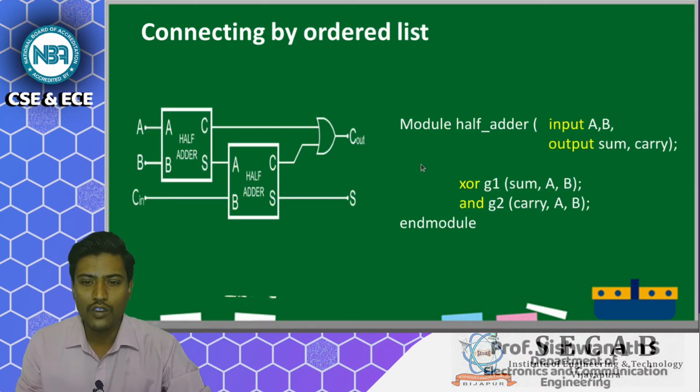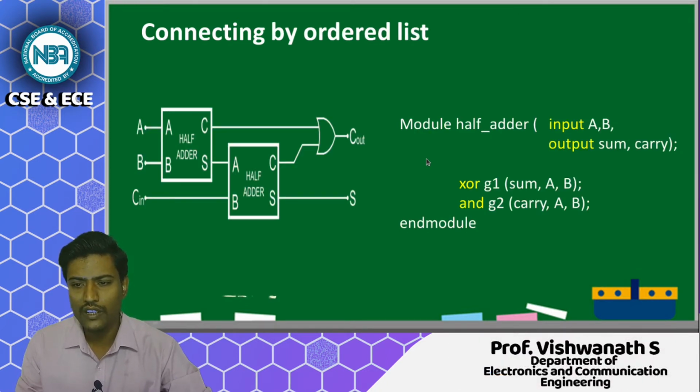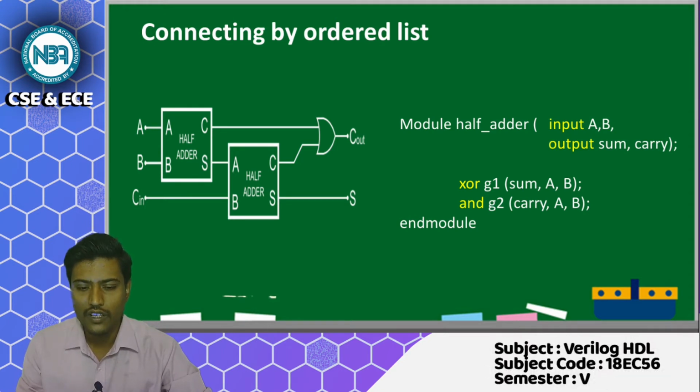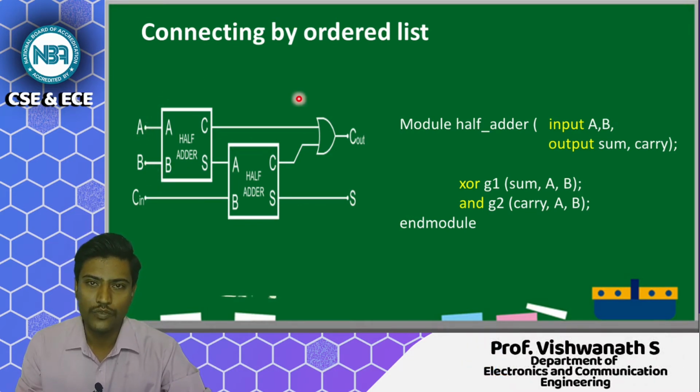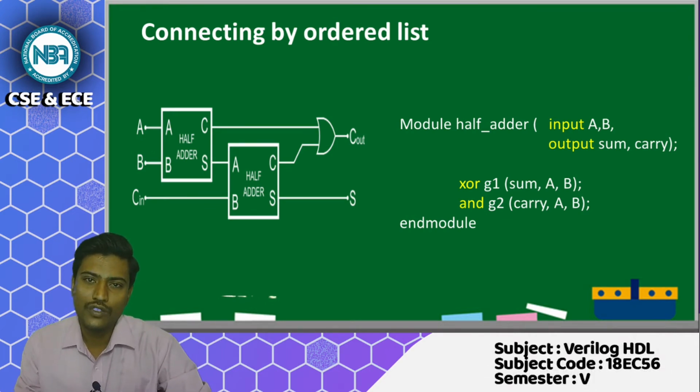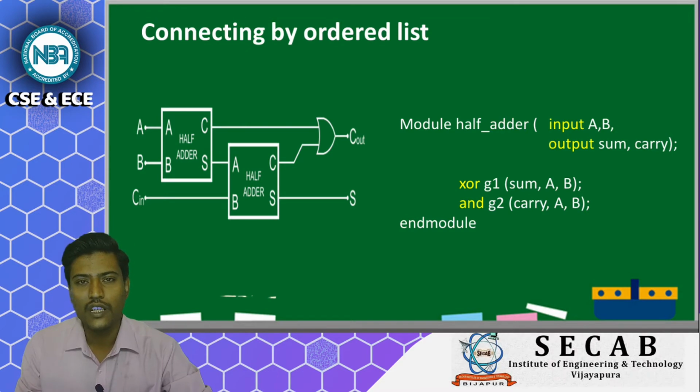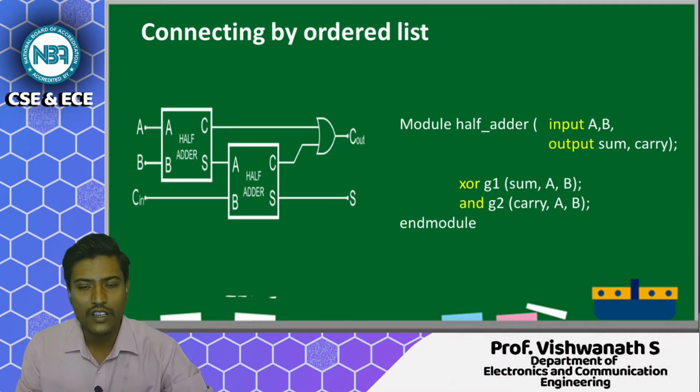So let us see the ordered list and understand how it is done. For this, I have taken a full adder. The full adder is implemented using two half adders and an OR gate.